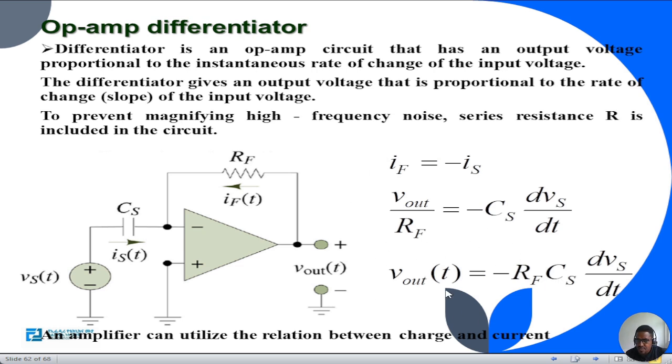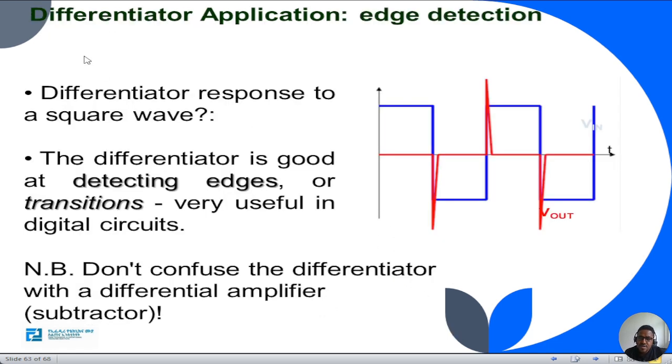In your PowerPoint, V out becomes minus feedback resistor times capacitor times d of V source, that is V in, over dt. So an amplifier can utilize the relation between charge and current. What I said is that the differentiator is mostly used for edge detection purposes.